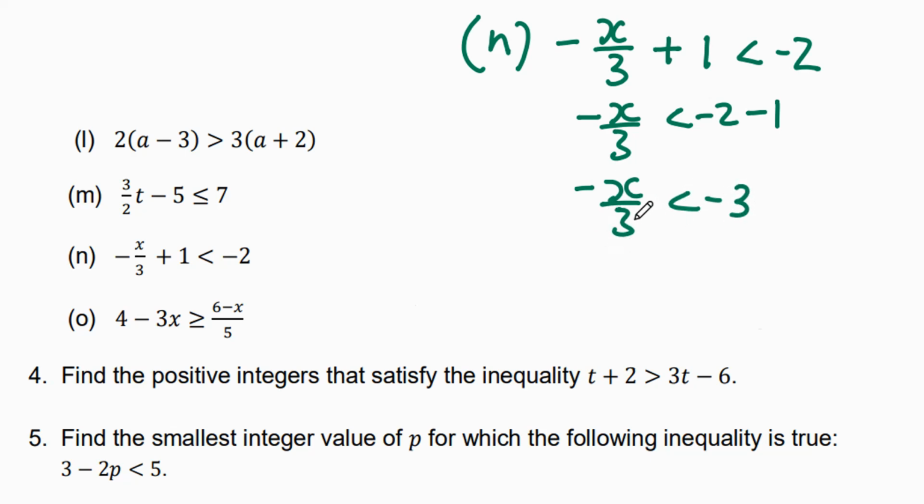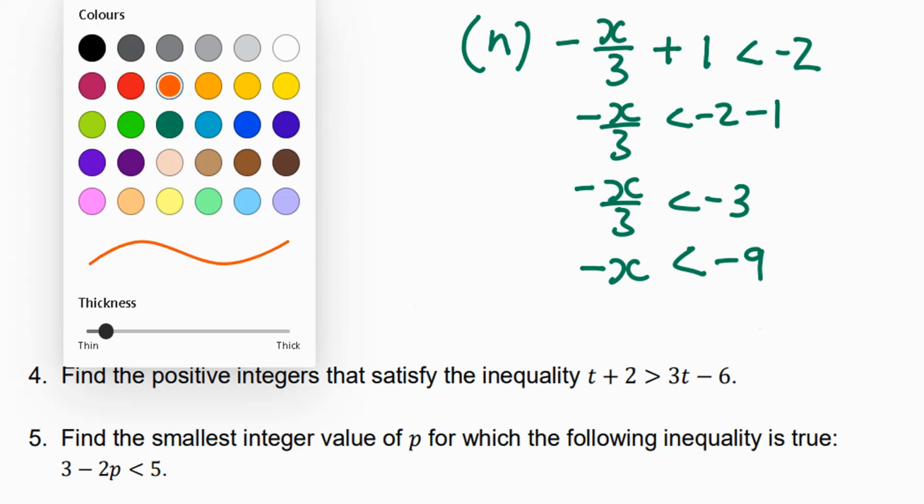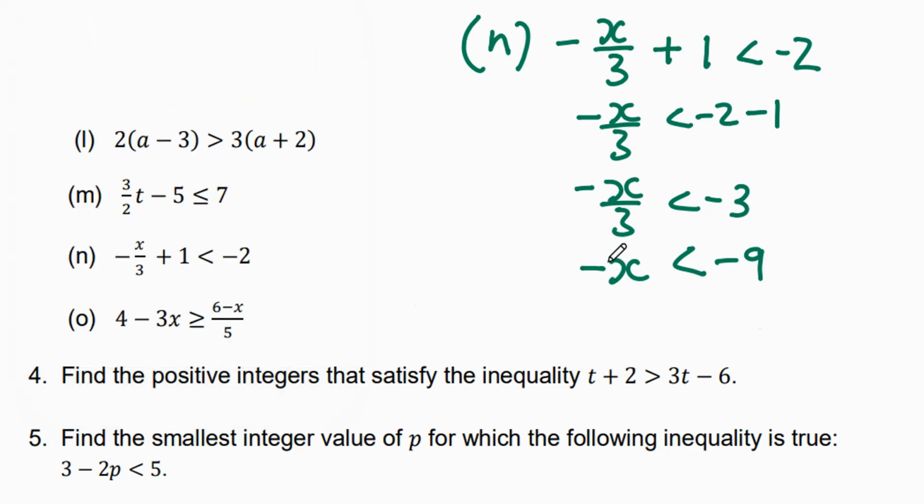Now we can get rid of the 3 on the left-hand side, and since we are dividing by 3 on the left-hand side, we can multiply by it on the right-hand side. So negative 3 times 3 will give us negative 9. Now we want to get rid of the minus in front of the x here, and remember that negative x actually means negative 1 times x.